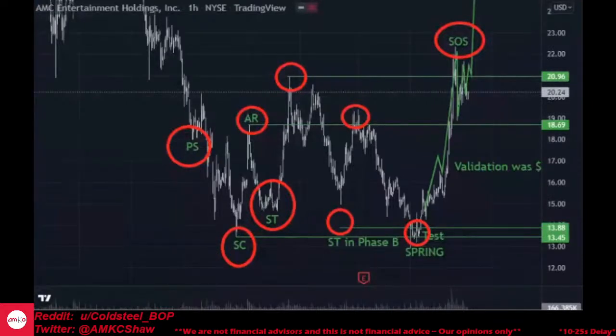Leonardo had a question here. He said, can you compare the schematic to the last run up in June last year? Are there any similarities, or do you feel like this is a different situation than what we had back then?